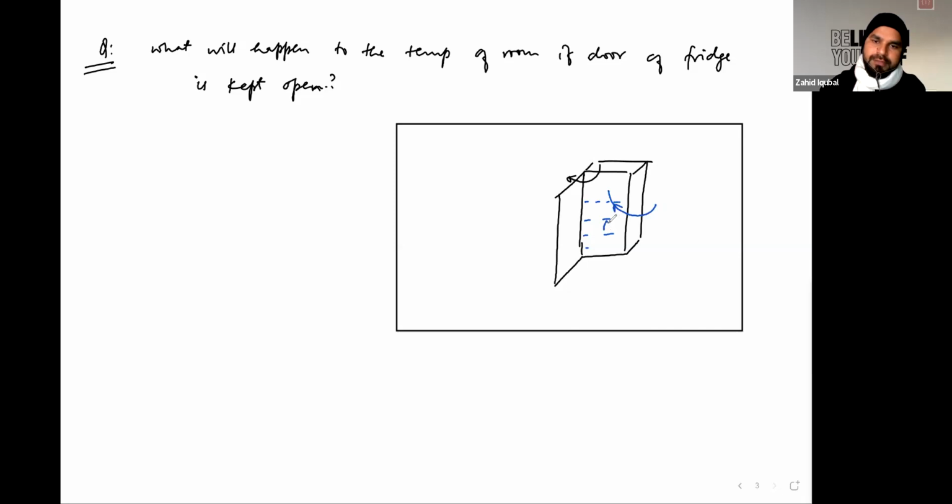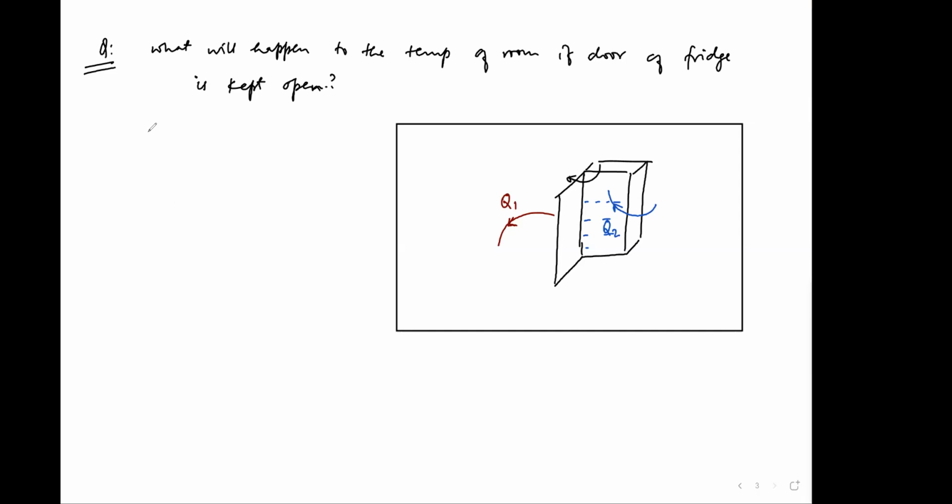So it will absorb Q2 amount of heat, and by adding work from compressor, it ejects larger amount of heat, that is Q1, into same room. So on each cycle, amount of work done by compressor will tend to increase the temperature of the surrounding. Hence, the temperature of room will increase. Is it clear? Yes, sir.